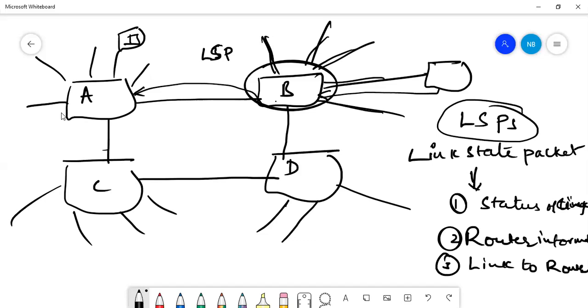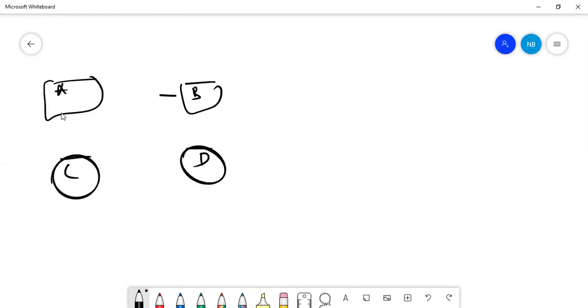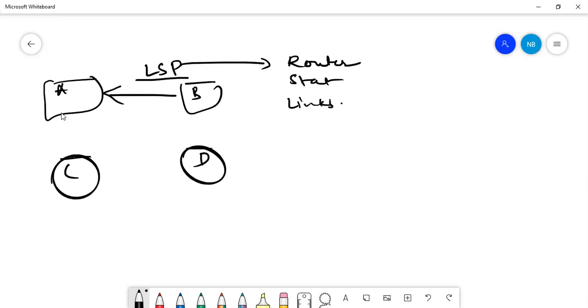If A is a neighbor of router B, then this information, the LSP, will be shared by router B to router A. If router B is sending an LSP packet to A, this LSP packet contains details about the router, the status of the link, and the links which are connected to that particular router.